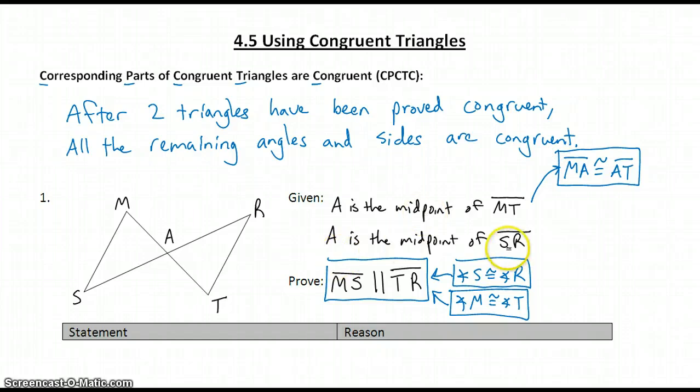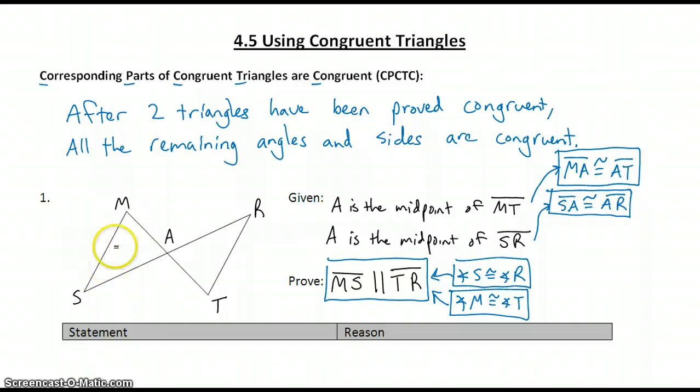And if A is the midpoint of SR, then A has to be in the middle of SR, meaning that SA has to be congruent to AR by the definition of midpoint. So between these two triangles, I have a pair of congruent sides and a second pair of congruent sides. I need one more piece of information.